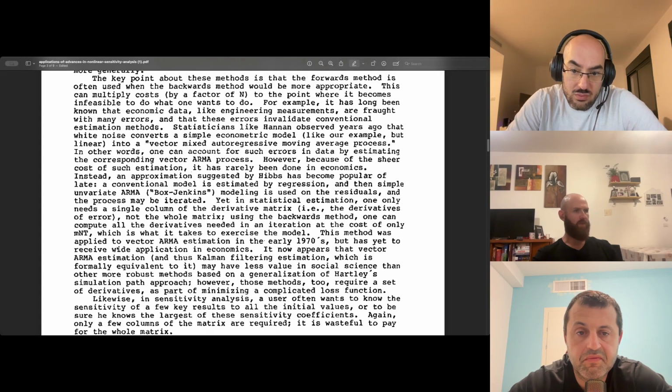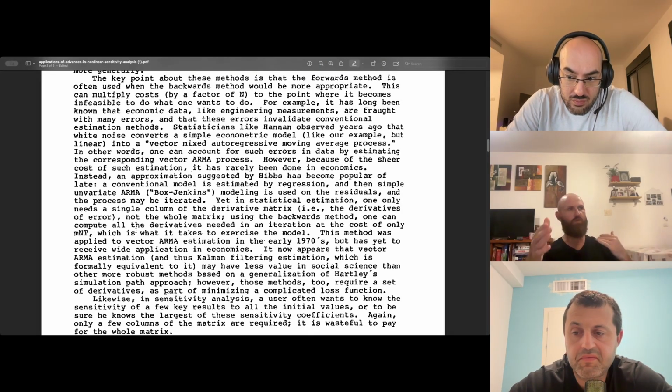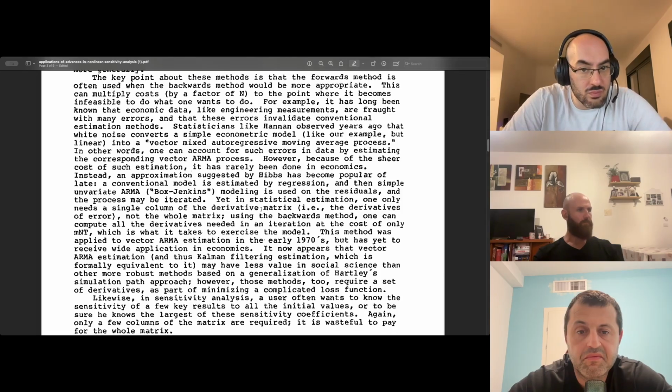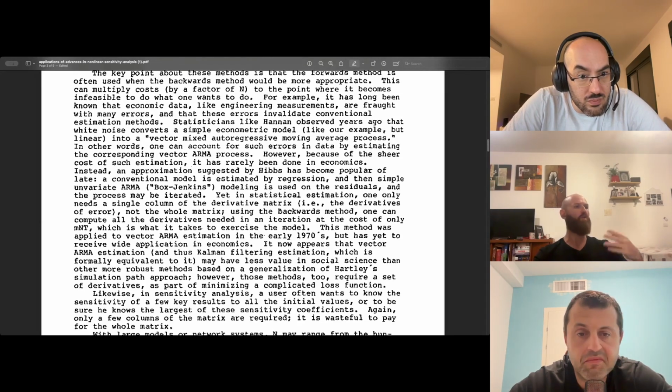And so again, he says, doing a lot of forward passes, so calculating from the input to the output, is super expensive in large systems. And here, yet in statistical estimation, one only needs a single column of the derivative matrix, meaning, let's say, the error we're trying to calculate, not the whole matrix.